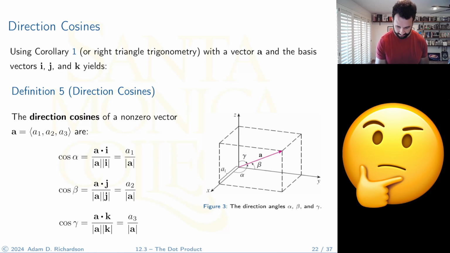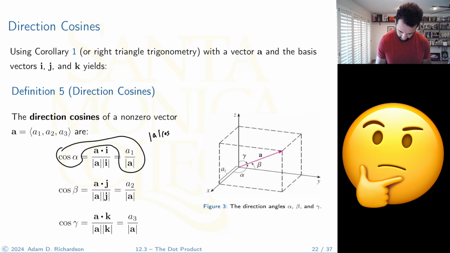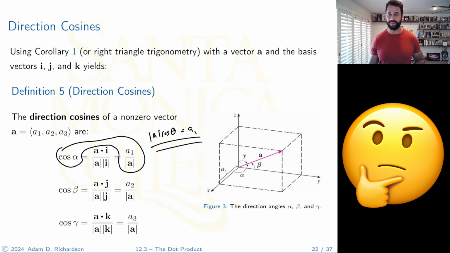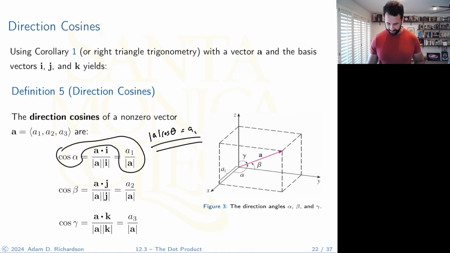Maybe I'll give you a little hint. Think about that. Okay, the reason that I wanted to write this on here is because if you're thinking about right triangle trigonometry and maybe even remembering that physics application from the previous section, what this is saying is that the x component is basically the length of A scaled by cosine of theta.